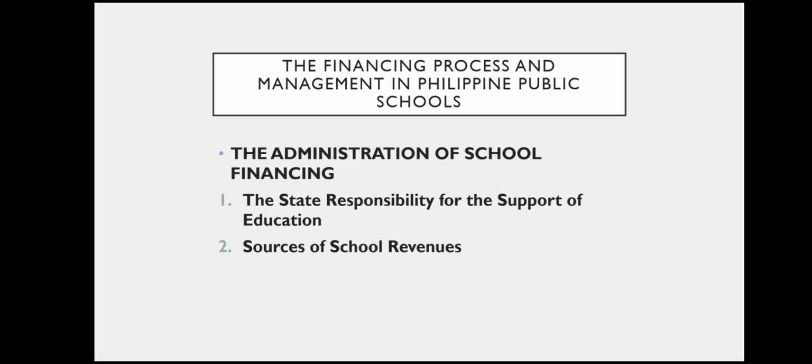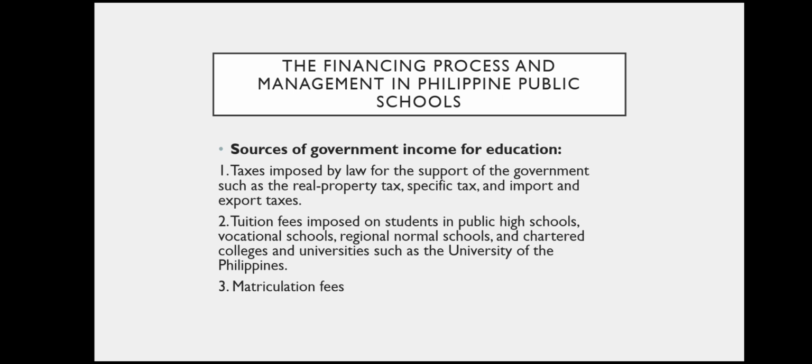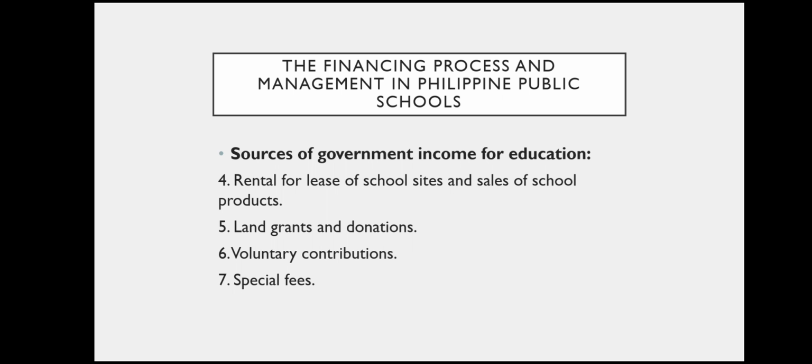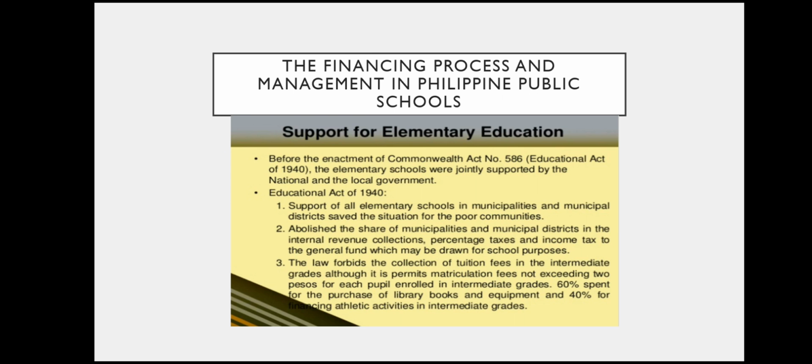Also the sources of the revenues. So sources of government income for education include the taxes, tuition fees, matriculation fees, and other fees. We also have rentals, land grants and donations, voluntary contributions, and the special fees.